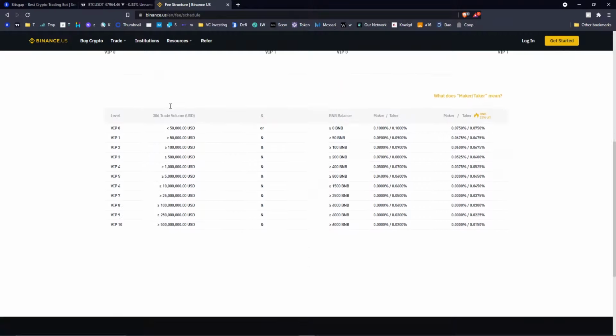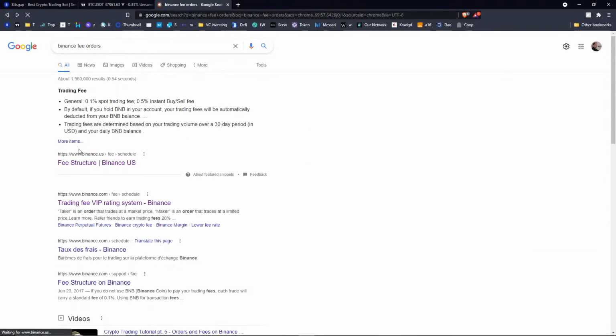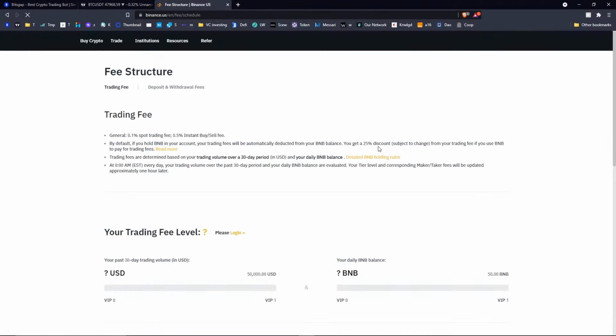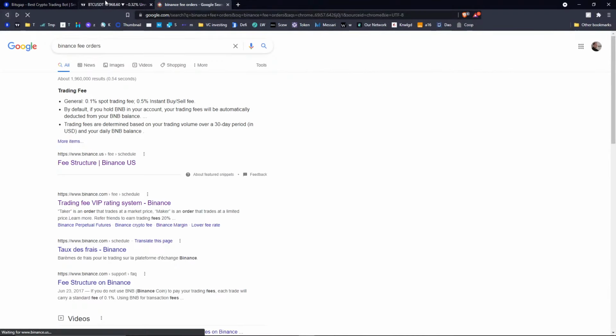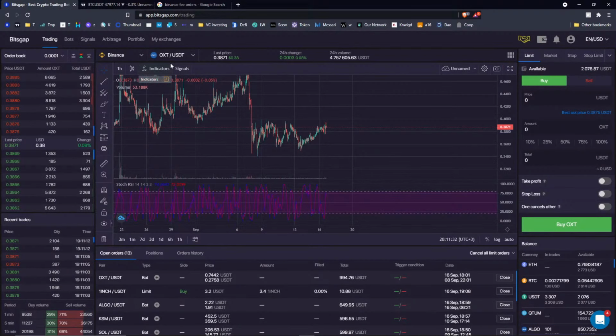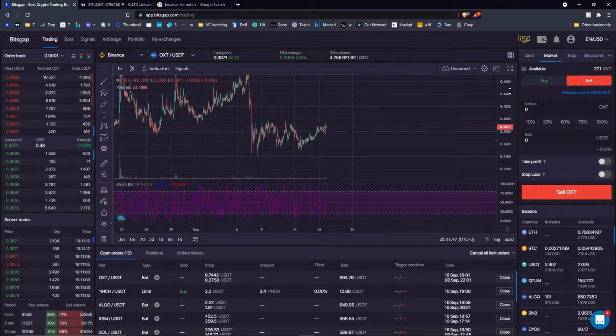Anyway, for market orders, typically on centralized exchanges, since market orders are of the first priority, and for being in the list of first priority, you need to pay a larger fee. So usually you only use market buy or market sell when you need to enter or exit the market right now. So that's the time when you would use it, and for this speed you pay a larger fee.